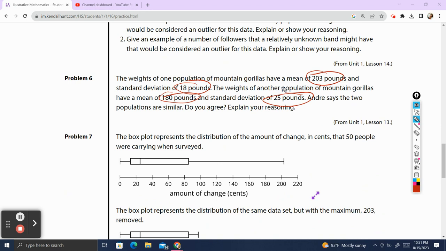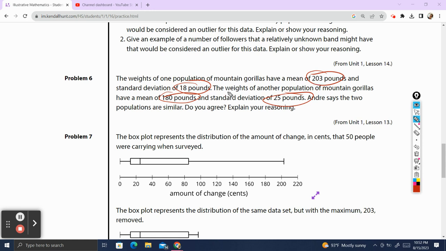Do you agree? I notice that the mean of this population is greater than the mean of that population. And the standard deviation here is lower than the standard deviation there, but it's actually not that much lower. 18 compared to 25 is pretty similar, even though it's 7 points across. However, these are 23 pounds less than those ones in general.